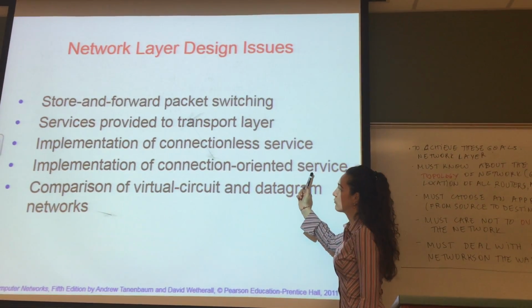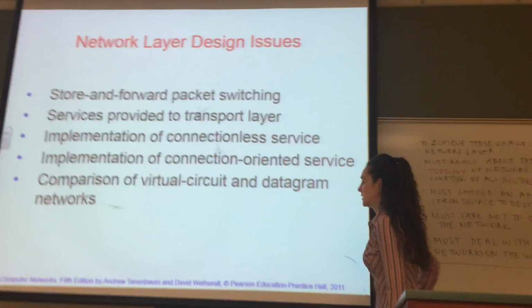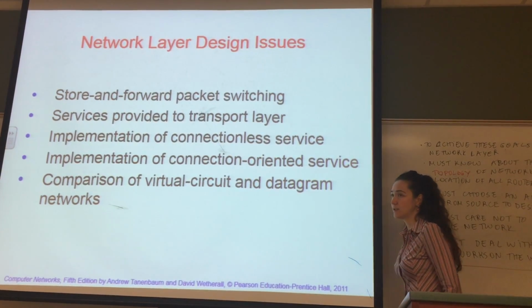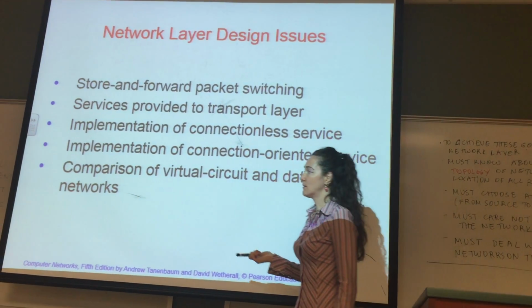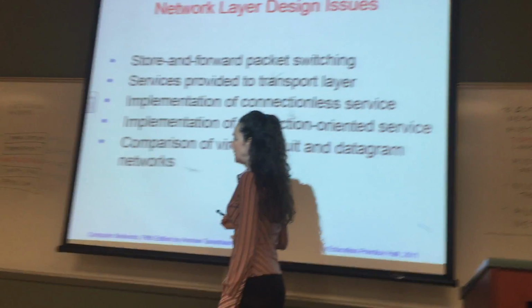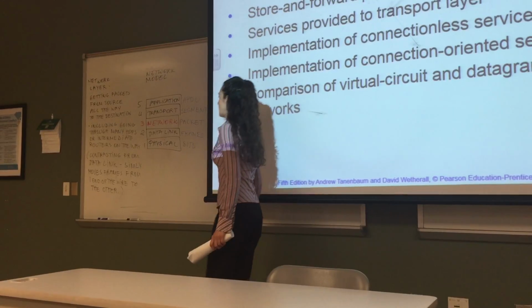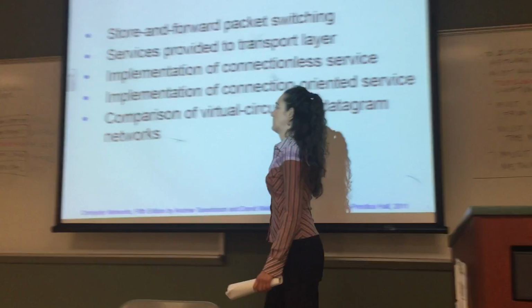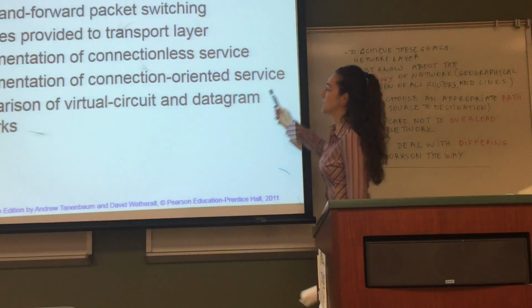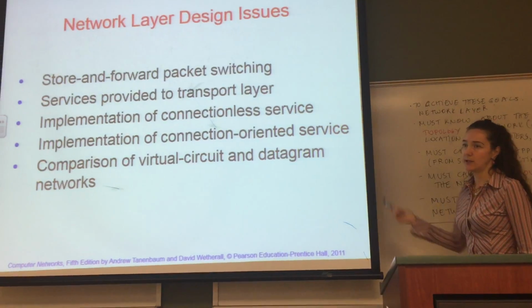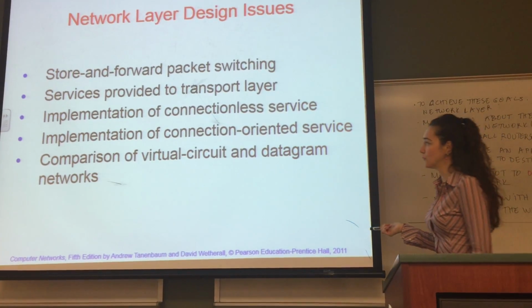But it can also provide connection-oriented service. It's possible to have connection-oriented service in this layer, but in reality, the connections are implemented in the next layer, in transport layer. In practice, theoretically, it's possible to also implement connections in this layer if we wanted to.